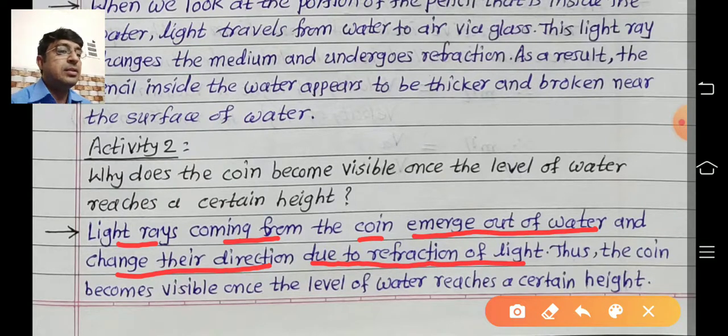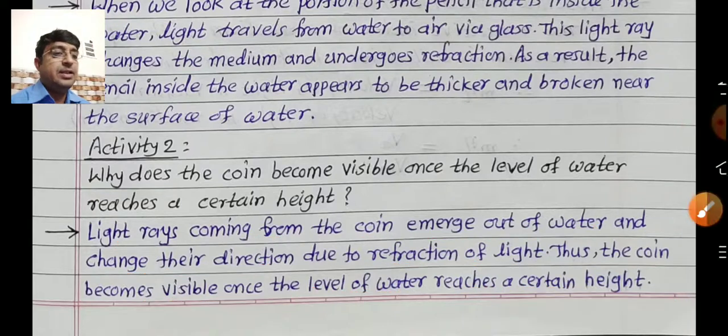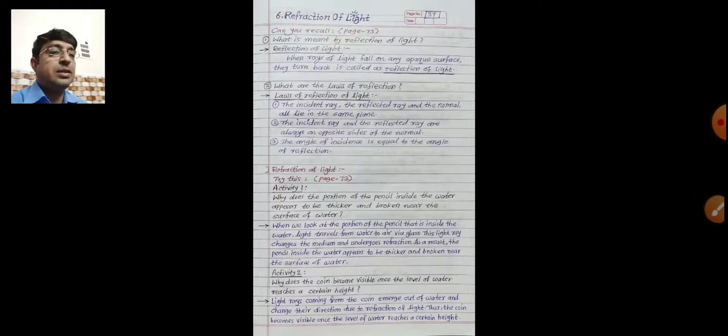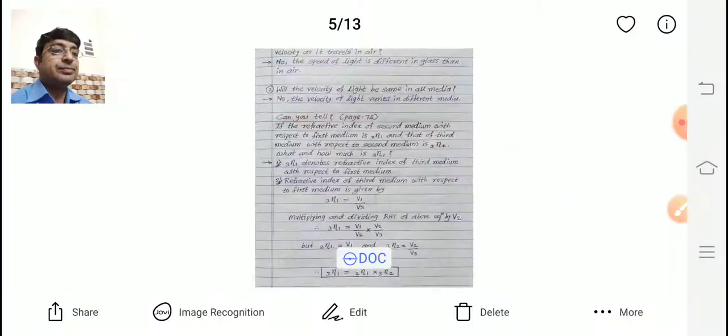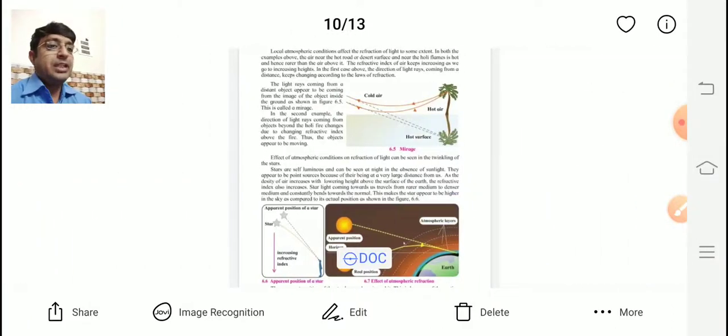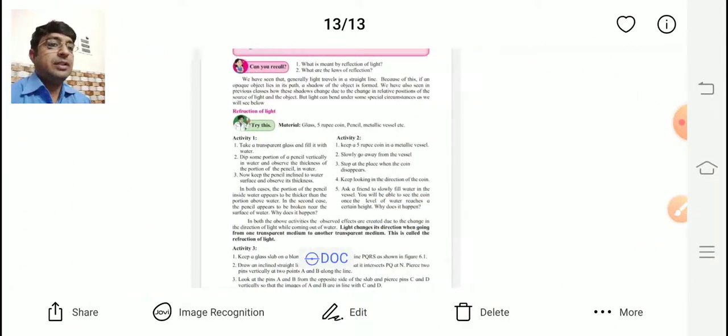Thus, the coin becomes visible once the level of water reaches a certain height. Perform this second activity also at home as per the method given in our textbook. Clear? So these are the activity answers given on that paper.